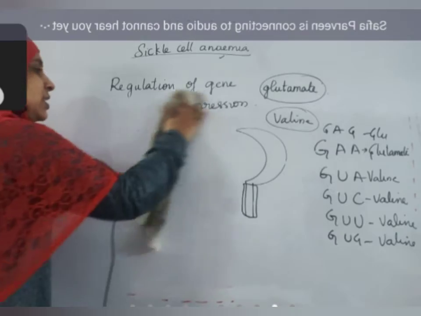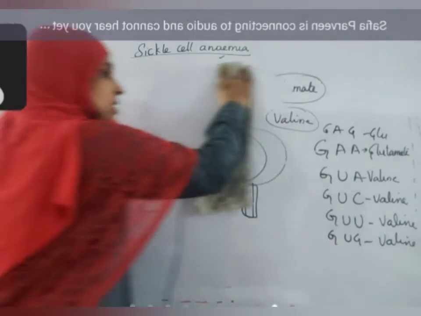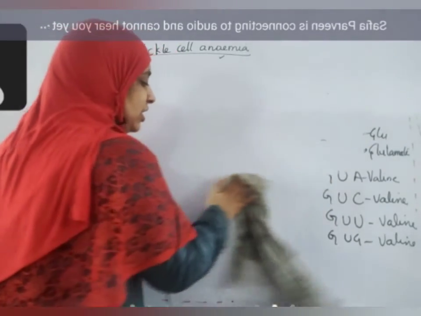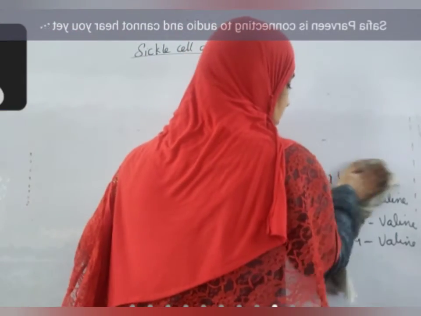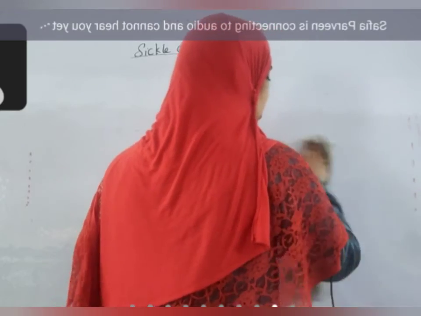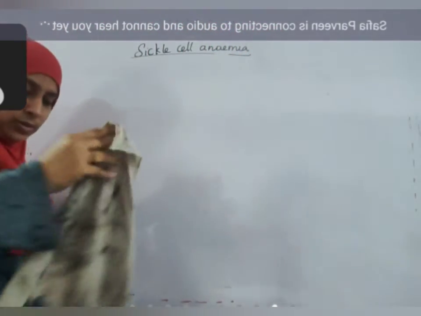If there is any mistake at any level, it leads to a lot of disturbance in the patient's body. It changes the protein structure completely, and as a result of the changed protein structure, it leads to a lot of disturbance in the body.